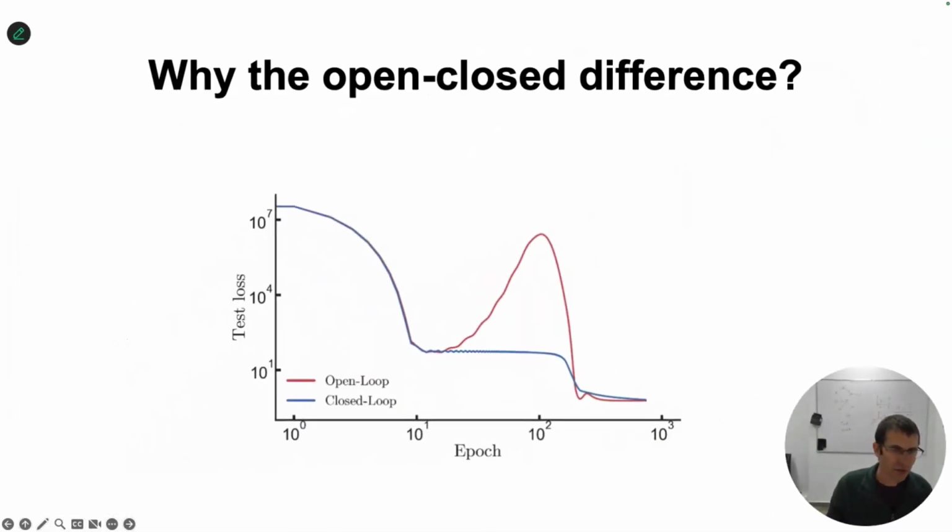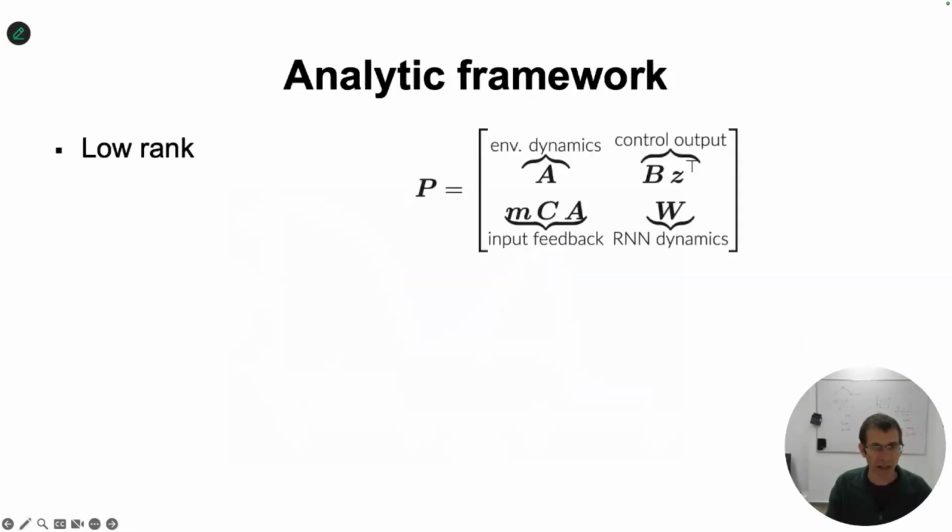Excellent choice. Why are open and closed loop so different? Well, remember the P matrix I told you about that has the environment dynamics, RNN dynamics, and their interaction. We want to make it a bit simpler. So we're going to restrict ourselves to a low rank connectivity matrix, UV transpose, rank 1.